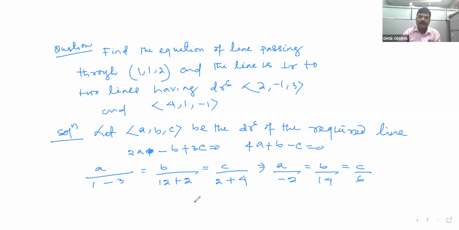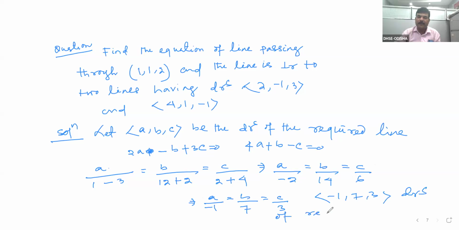This implies A upon -1 = B upon 7 = C upon 3. So -1, 7, 3 are the DRs of the required line.